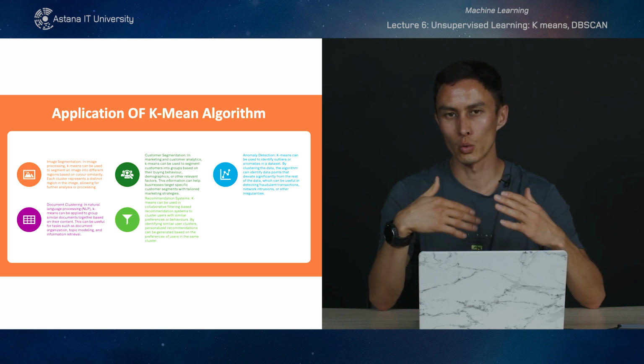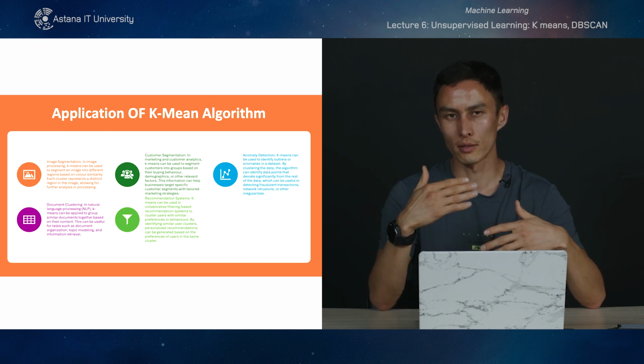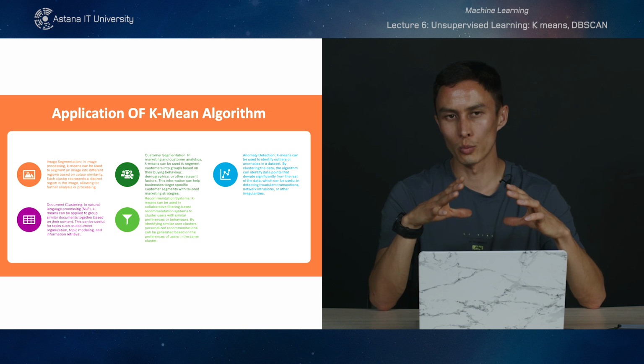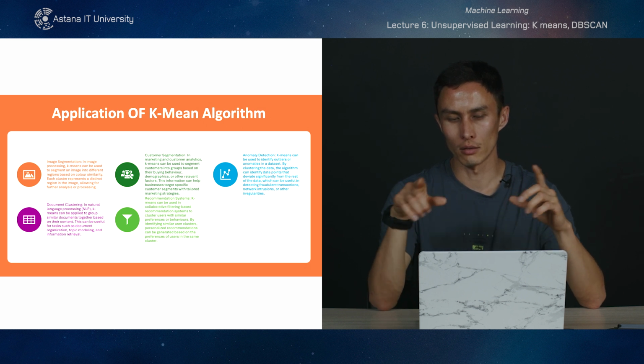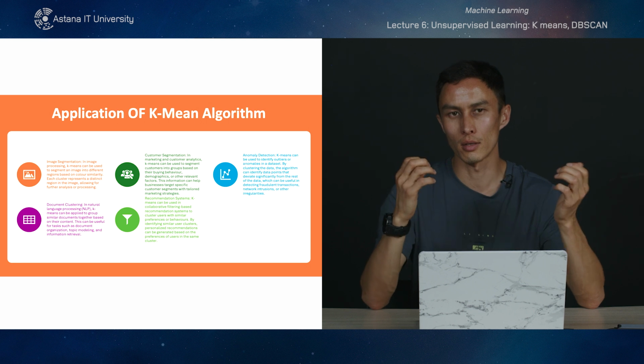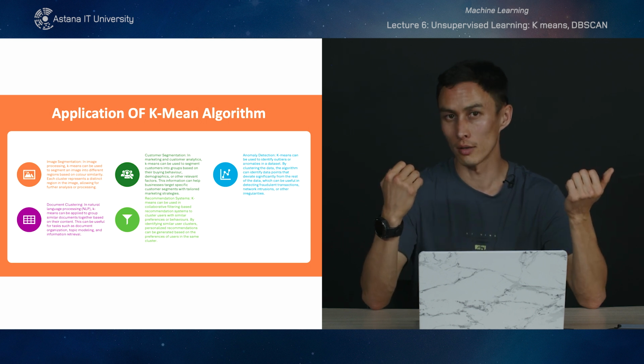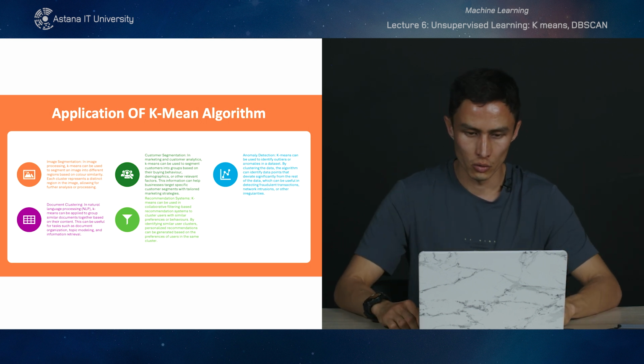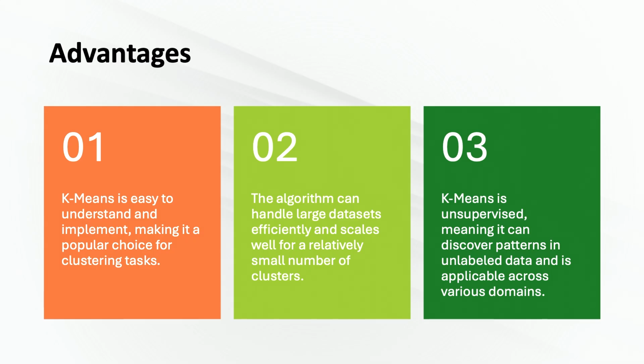If we measure pixels, of course this object will be classified as one separate cluster, and it can be considered an anomaly in your image. So this is a different application of the k-means algorithm.